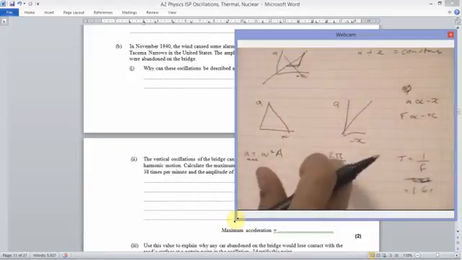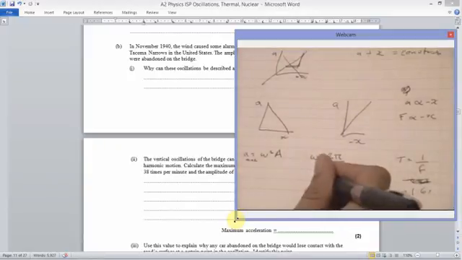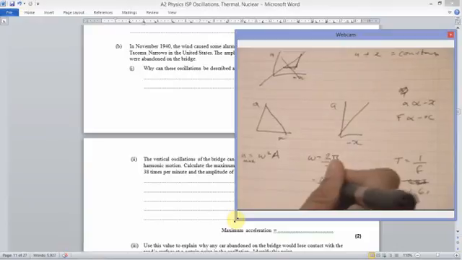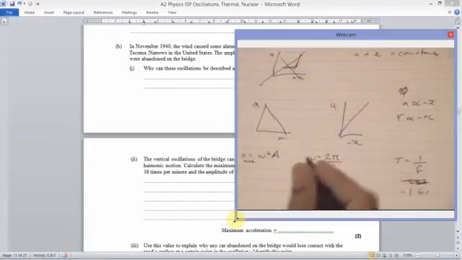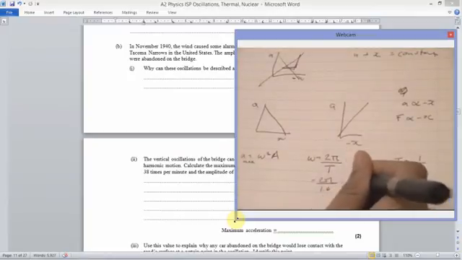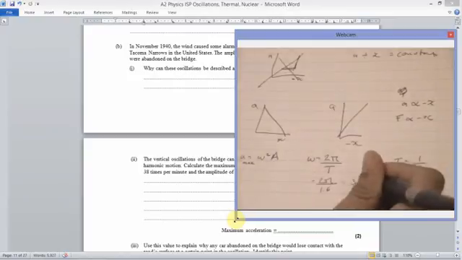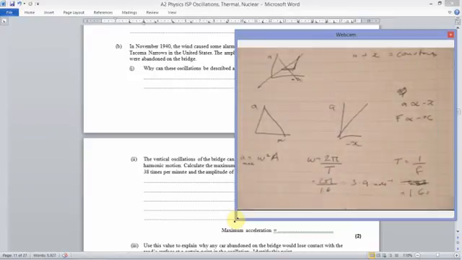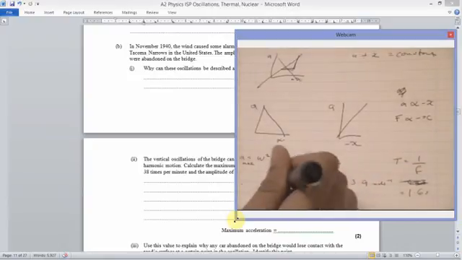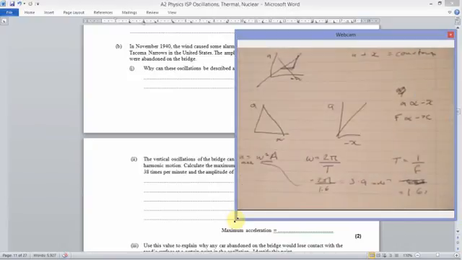I can then do 2 pi divided by my time period to give me my omega. 2 pi divided by 1.6, which gives me about 3.9. Let's just say 3.9. That 3.9 then goes into the next equation. 3.9 squared.